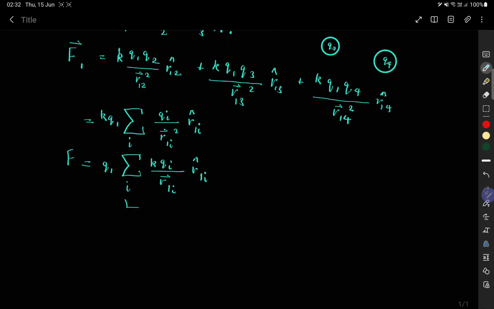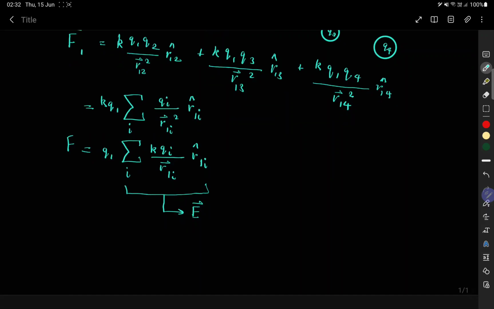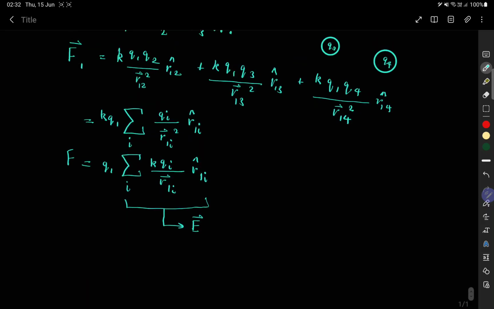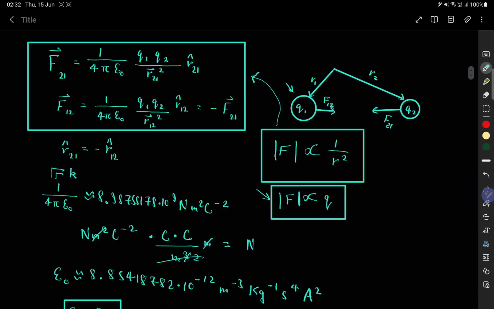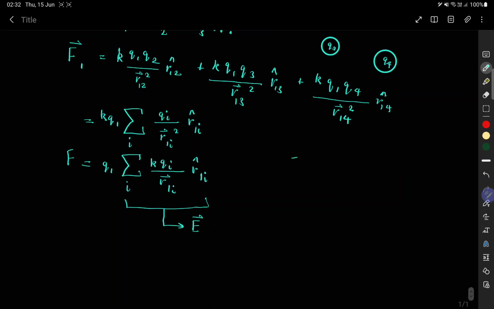Now this quantity we define as the electric field vector. We write it as E with a hat on it. Right? So we have essentially turned our very complex Coulomb's law into F equals QE. Very simple, very easy to understand.